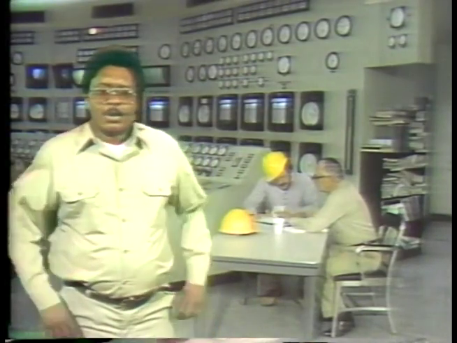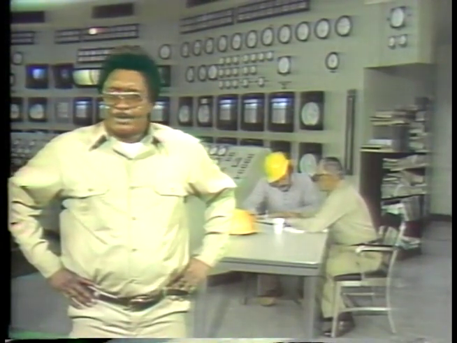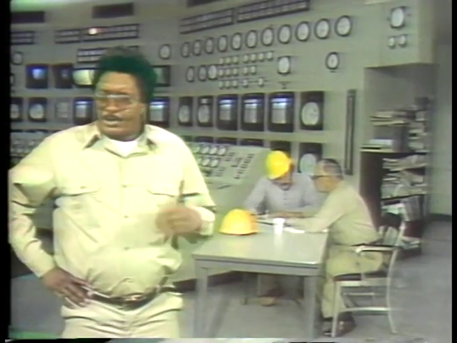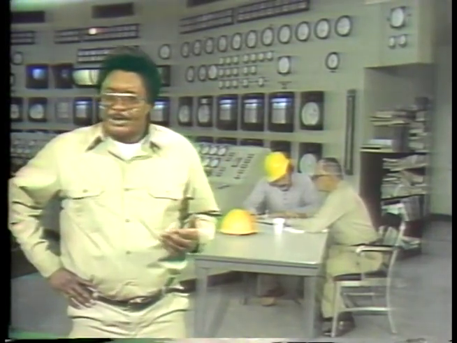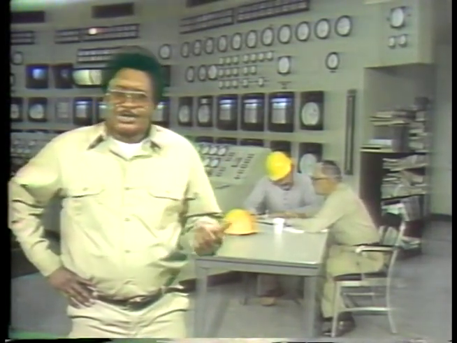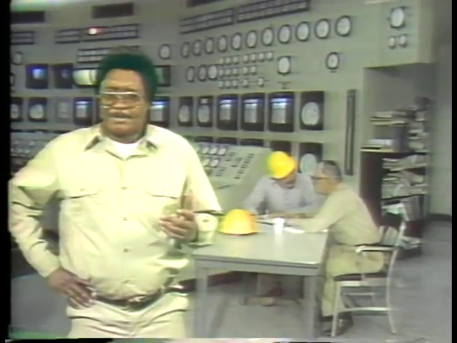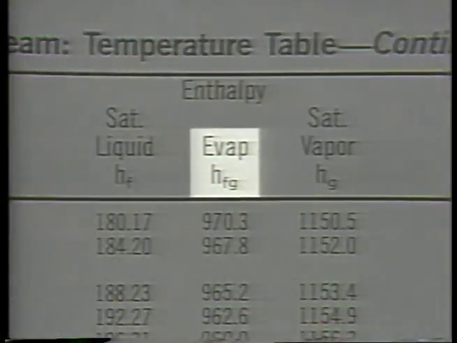As you know, when water is heated to its saturation temperature and begins to boil, additional heat added to the steam-water mixture does not increase the temperature of the mixture. The additional heat, the latent heat of vaporization, serves to cause the change in state from water to steam. The center column under the enthalpy heading is labeled evaporation and symbolized as h with the subscript fg.